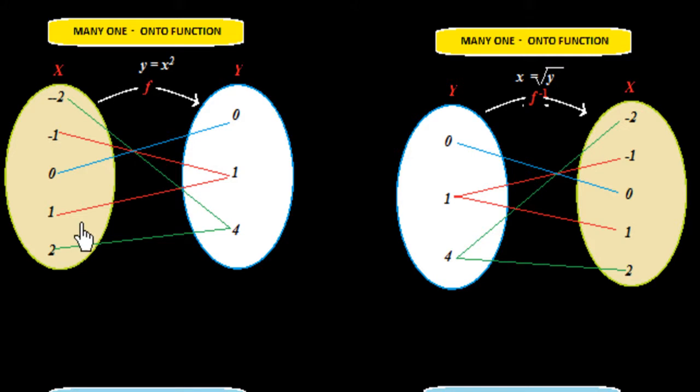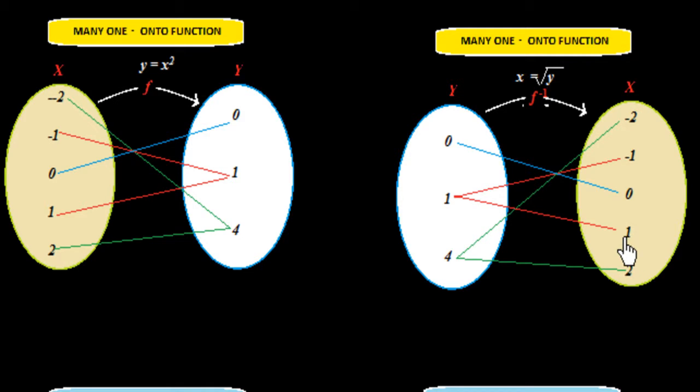If we try to make the inverse of this function, see what happens. If we convert this function into the inverse form, we get x is equal to root y. Y would now be the domain of this inverse function, and x would be the codomain. If we put here 0, we get 0. If we put here 1, we get 1 only, minus 1 is not there.